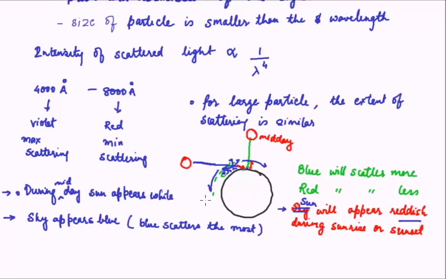Now blue is scattered, and this scattered blue keeps on striking particles, and ultimately it ends up meeting your eye, and it appears as if the blue light is coming from different parts of the sky, not the sun, different parts of the sky. As a result, given that blue has maximum scattering, we observe the sky to be blue.